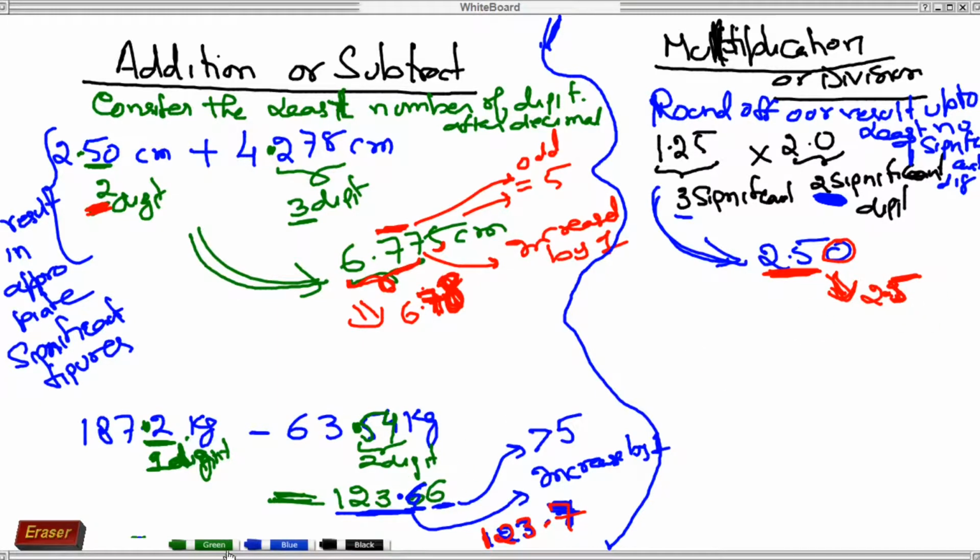Here the number of significant digits is 2. We round off our result up to the least number of significant digits. Here it was 2, so our result should also contain two significant digits.